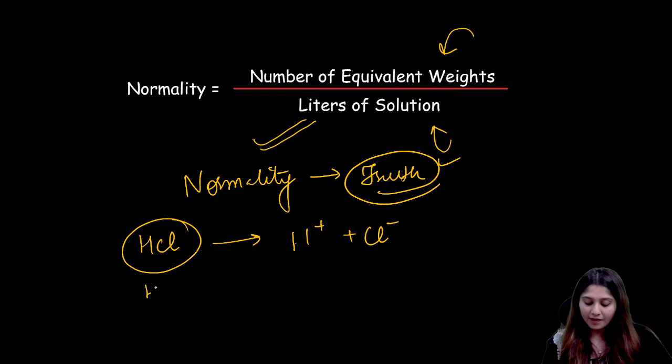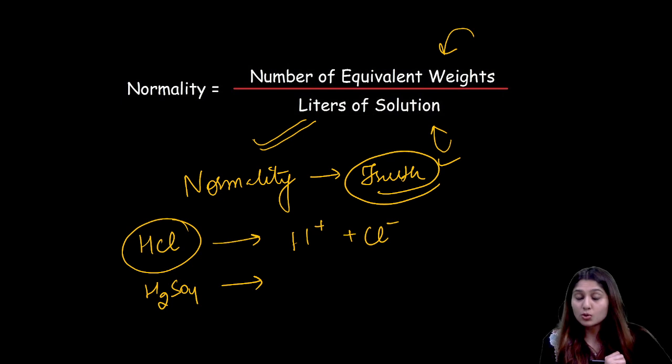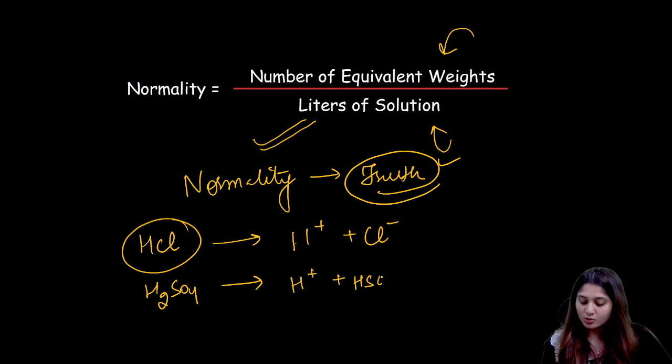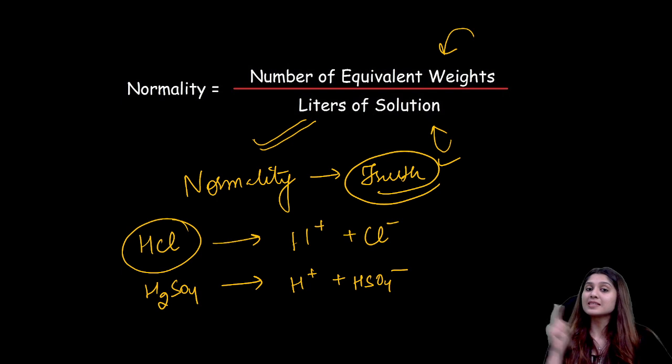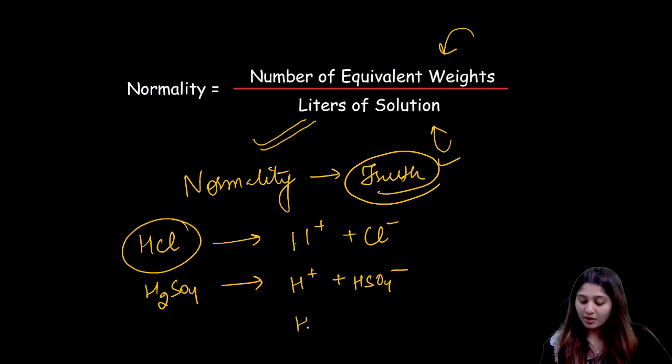But if I have another acid, H2SO4, in this case the dissociation will not be this simple, because in the first step it will be H+ and HSO4−, but there will be a second step in which we again have an H+ and SO4 2−.